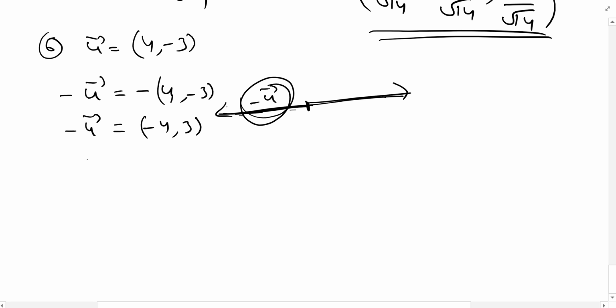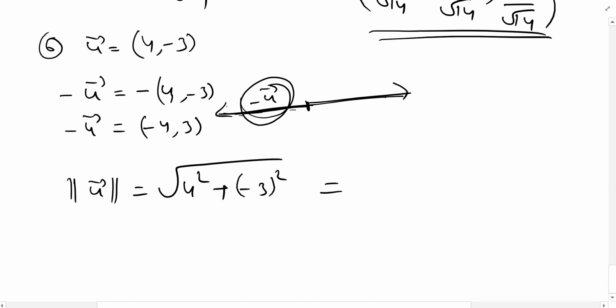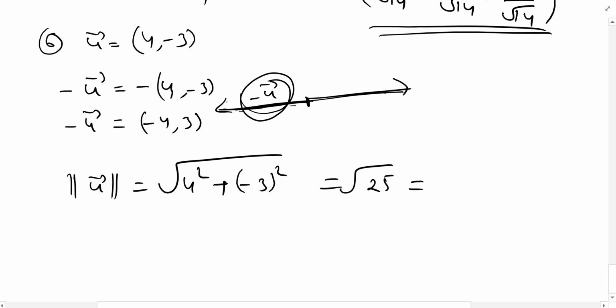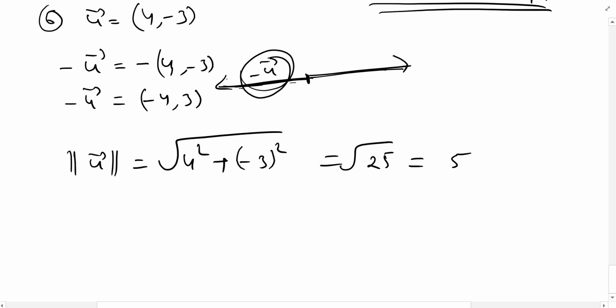So we find the length of u, and the length of u is equal to the square root of 16 and 9, 25. So 16 and 9 are 25, and we got 5 there. So we divided this vector by its length.